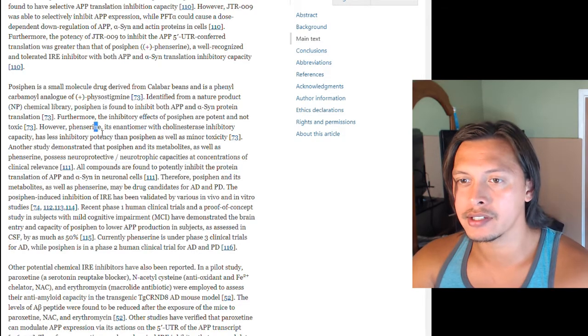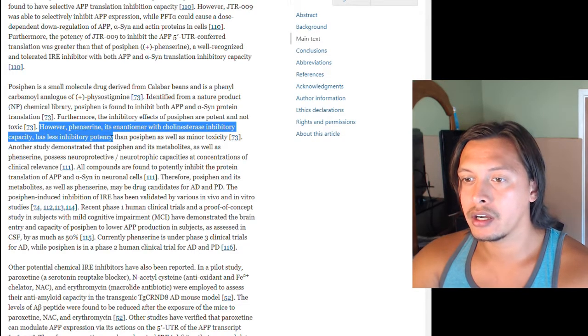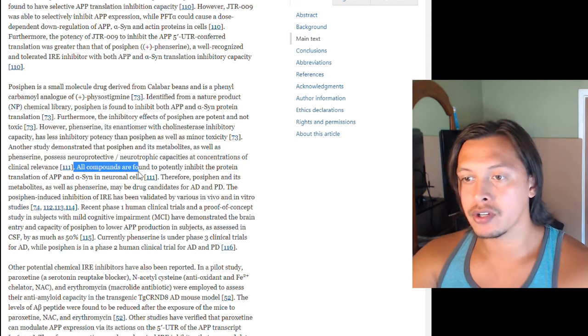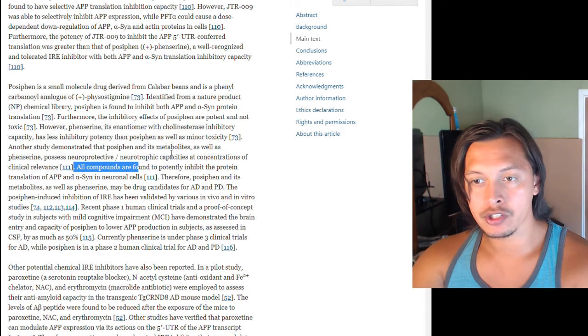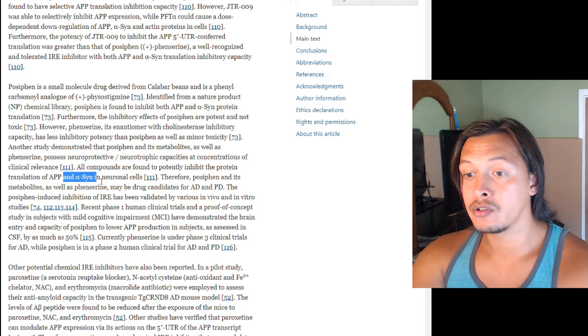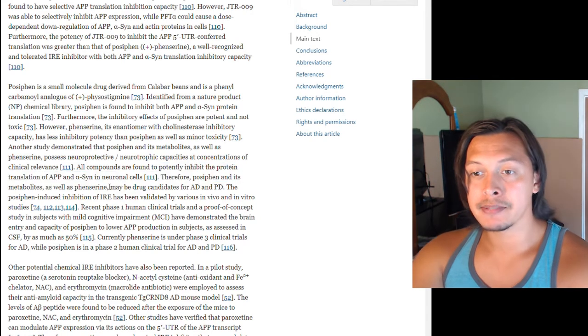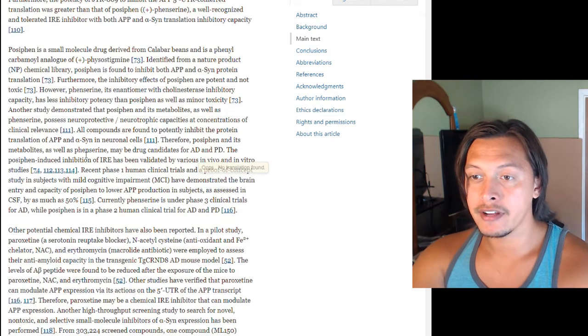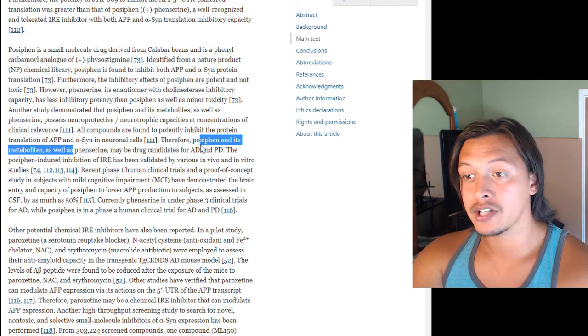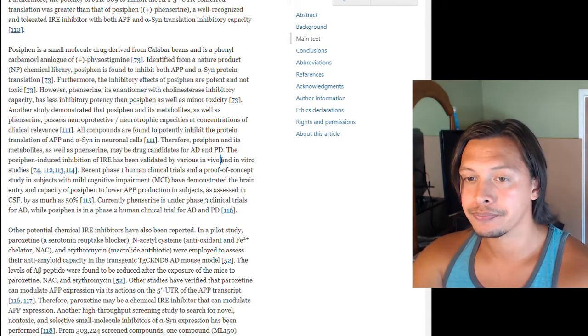Okay, well, let's continue. So, all compounds are found to potentially inhibit the protein translation of APP and alpha-synuclein in neuronal cells. Therefore, posifen and its metabolites, as well as phenserine, may be drug candidates for Alzheimer's disease and Parkinson's disease.